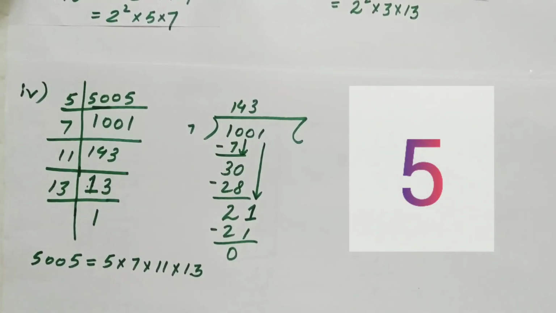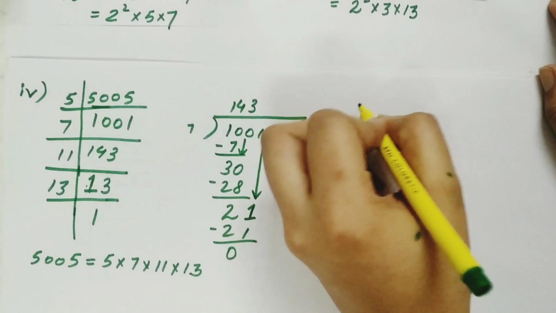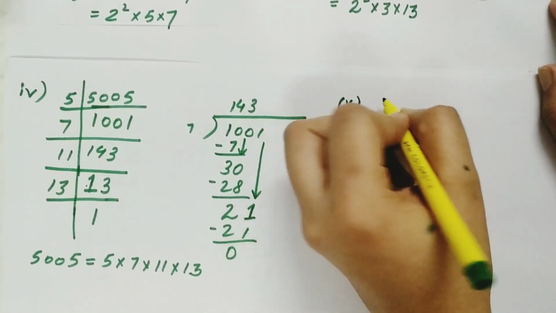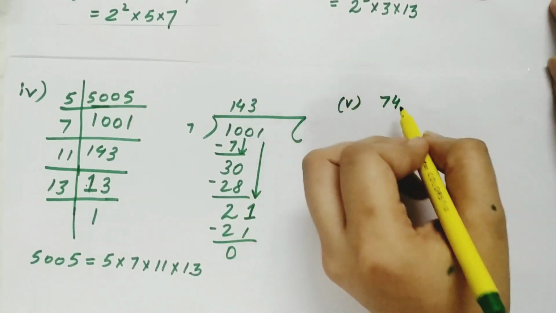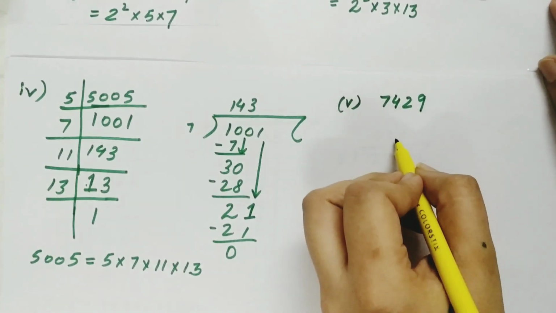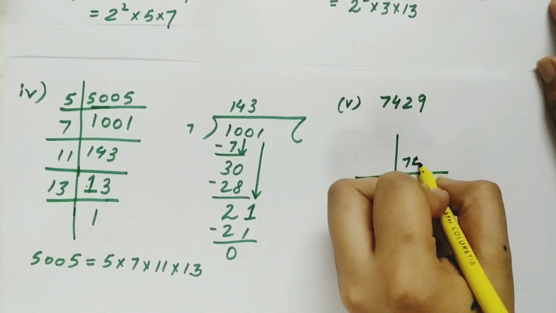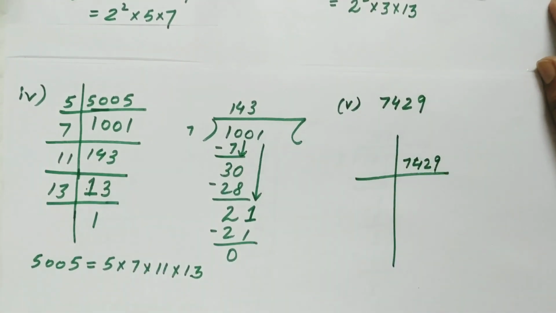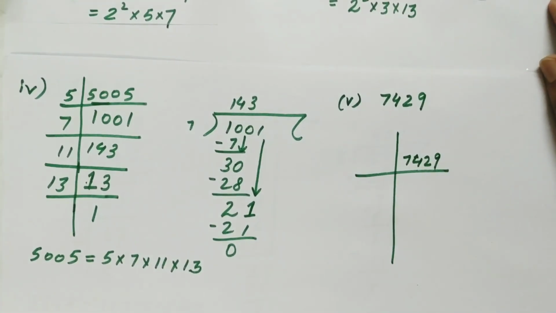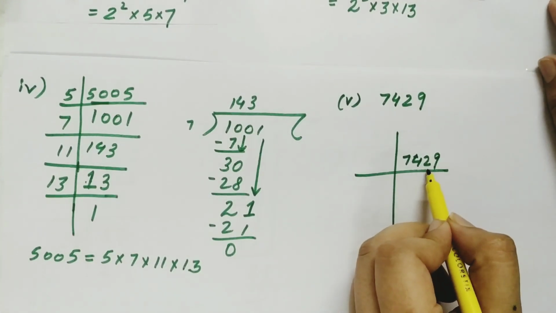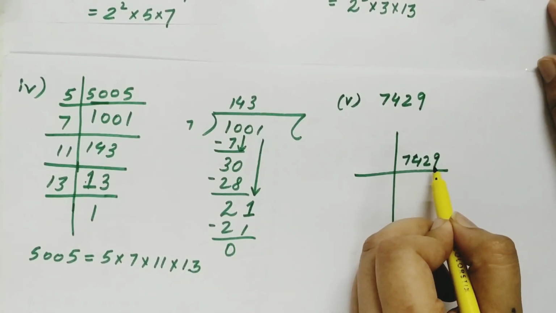Finally, let's solve the fifth part of question number 1, where we have to find out the prime factors of 7429. Is it divisible by 2? No. Is it divisible by 3? 7 plus 4 is 11. 11 plus 2 is 13.